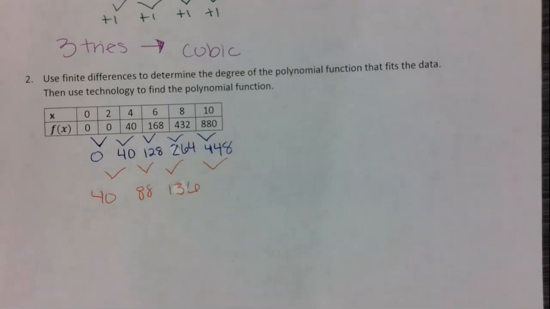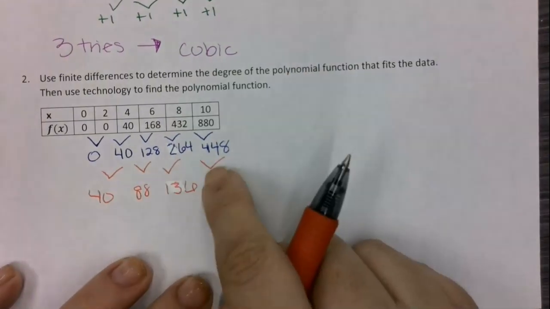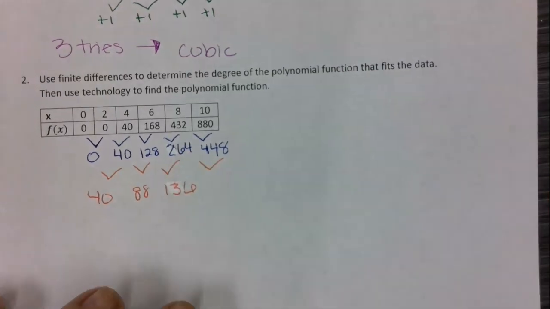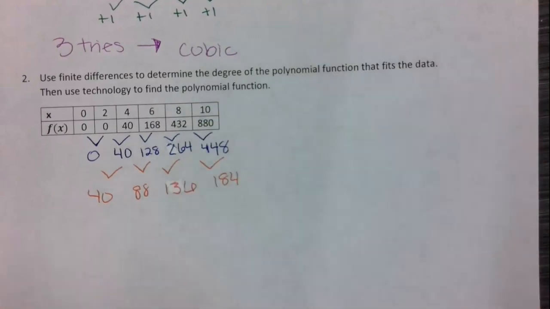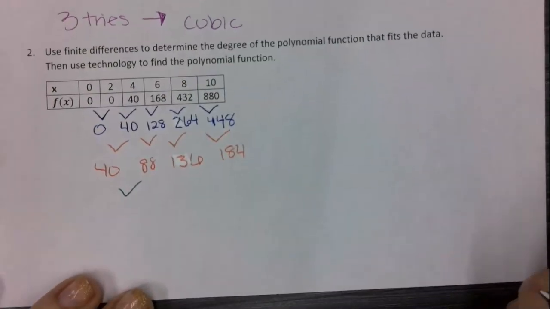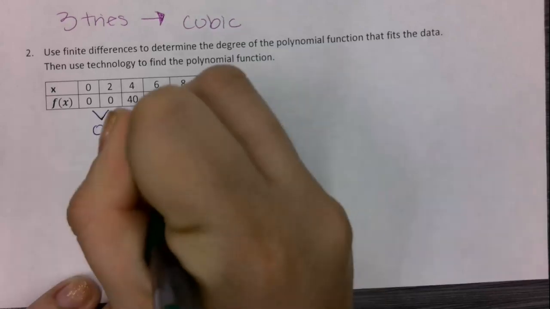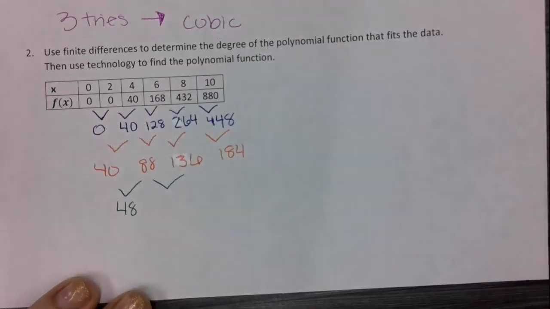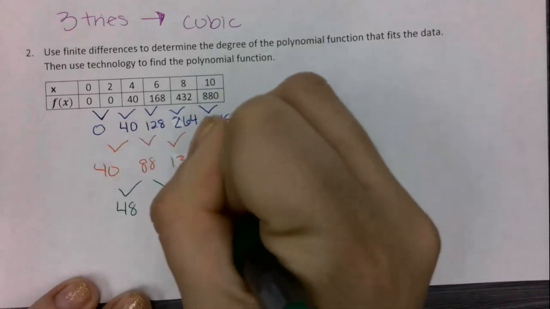Yeah. Oh, I subtracted it. Okay. 448 minus 264. 184? Okay. So, 40 to 88? 48. 88 to 136? 48. Guess this one is also cubic.